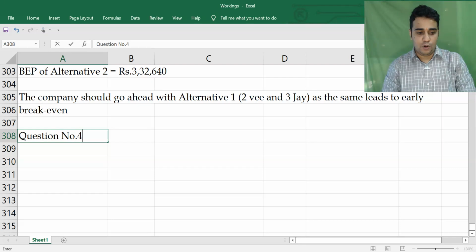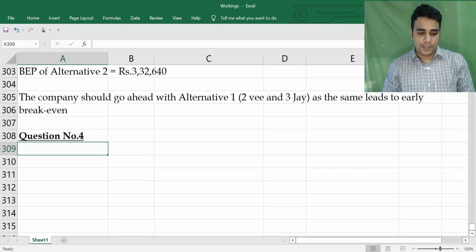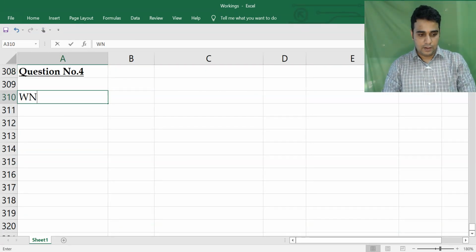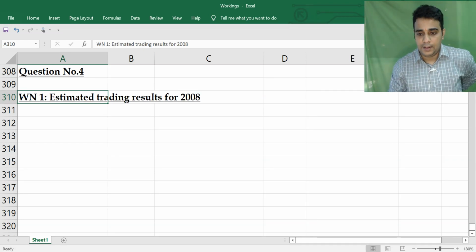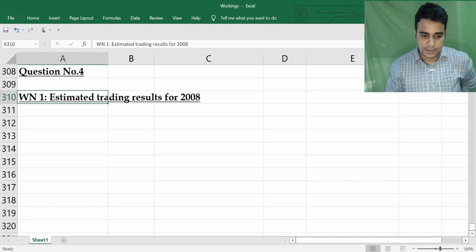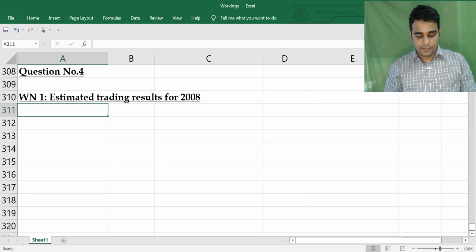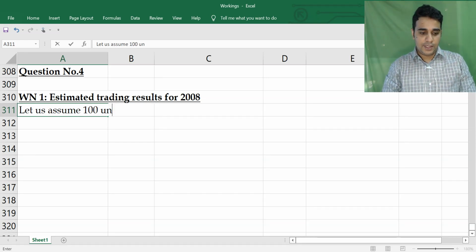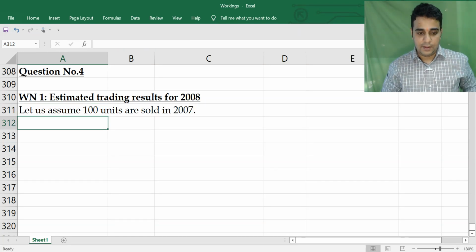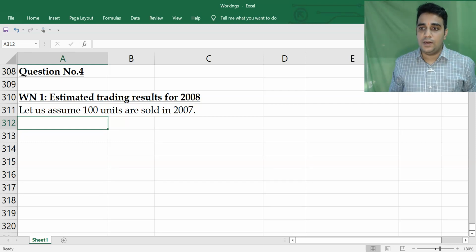I will explain that high-low method, something is mentioned. So, I will come to that in some time. Working note 1, estimated trading results for 2008. Let us assume 100 units are sold in 2007.